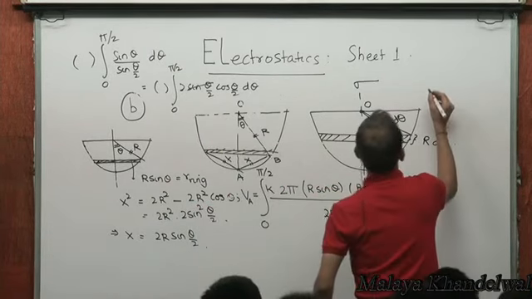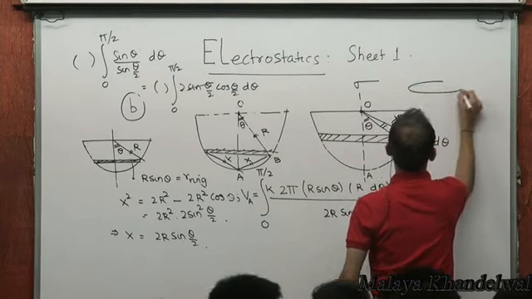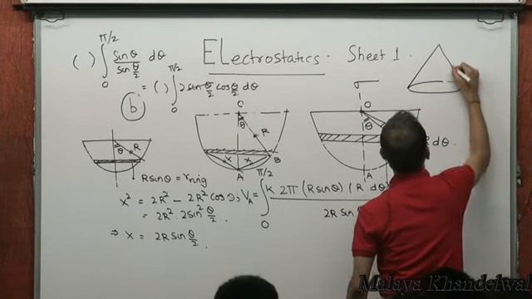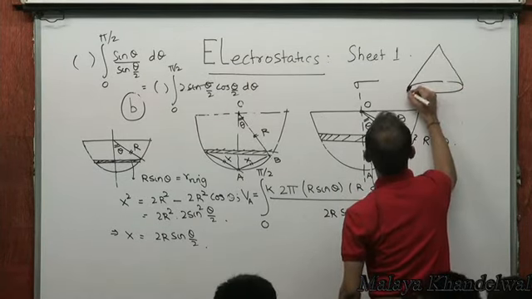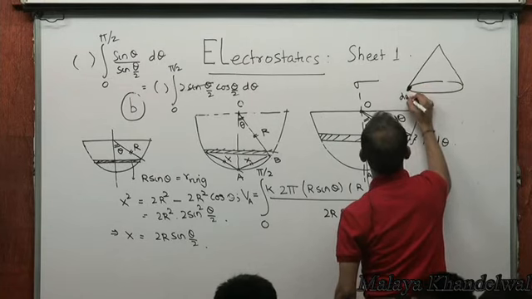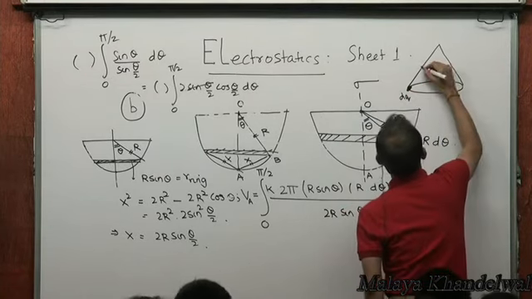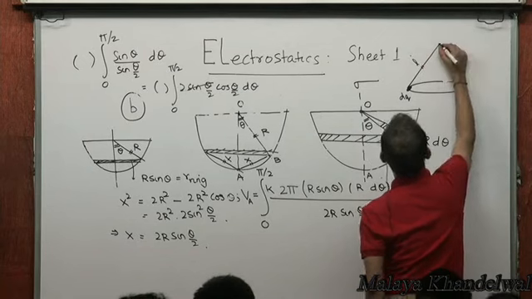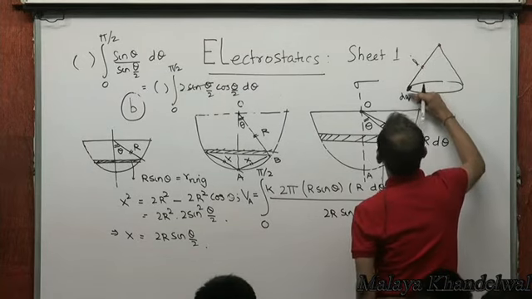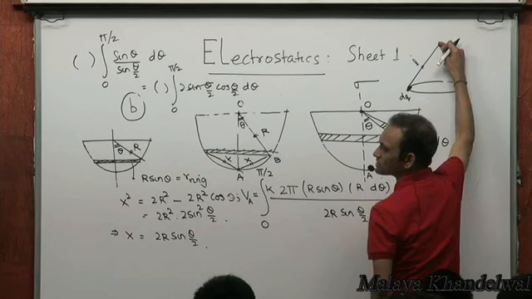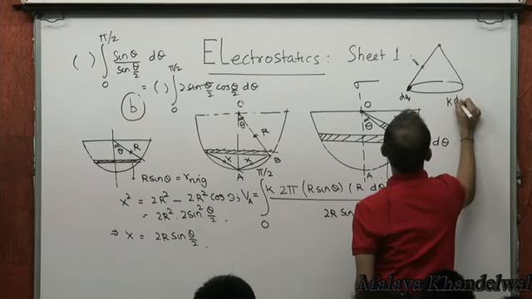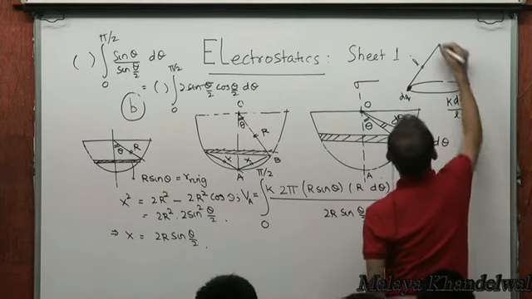Okay. See, if there is a ring, and if I took a charge element dq on the ring, and this is the slant height of the cone, then what would be the contribution of this charge element? K times dq divided by slant height L?